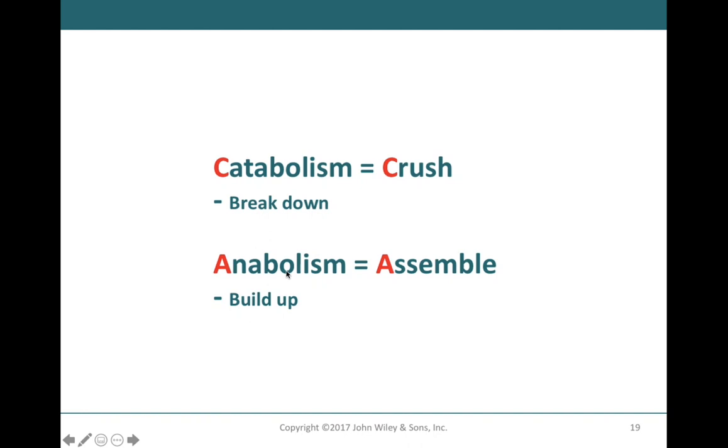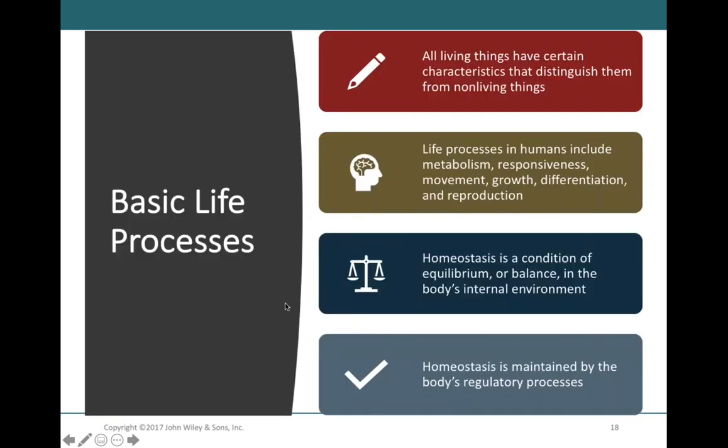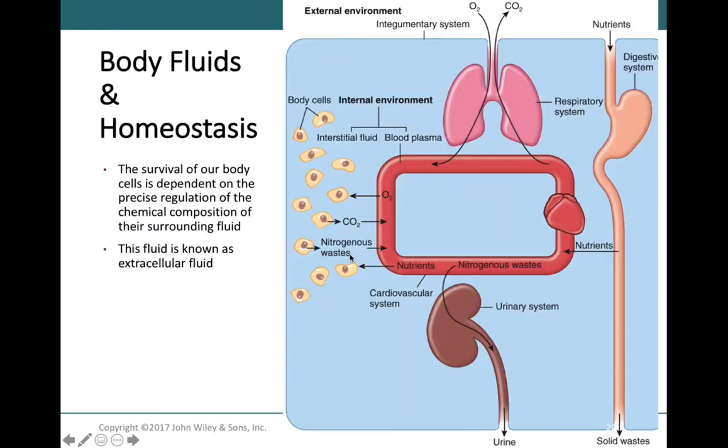Anabolism refers to the building up, or assembly, of smaller pieces into larger pieces. These feed into metabolism as a basic life process, and homeostasis maintains all of these different things. So we have homeostasis of metabolism, which we will be talking about here in chapter 25.